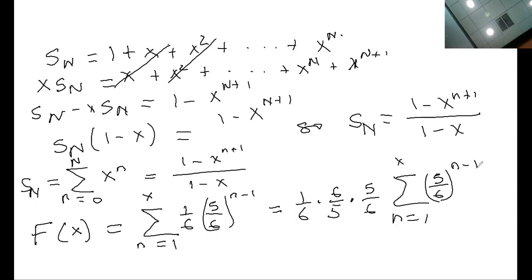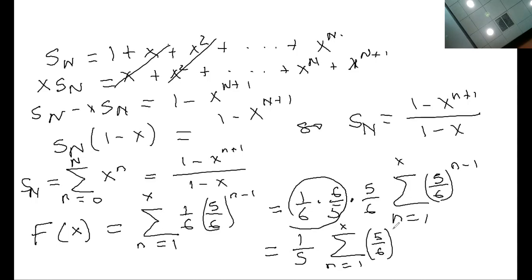With this adjustment, this is going to give me 1/5 for this portion of it. This will be 1/5, sum of n equals 1 to x, 5/6 raised to power n. Do we understand why we have this new expression?